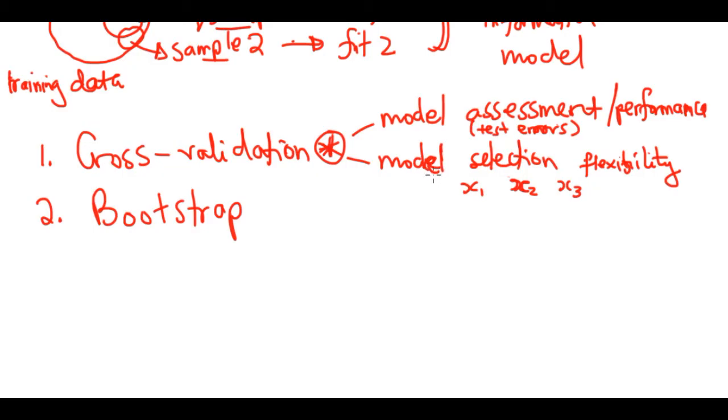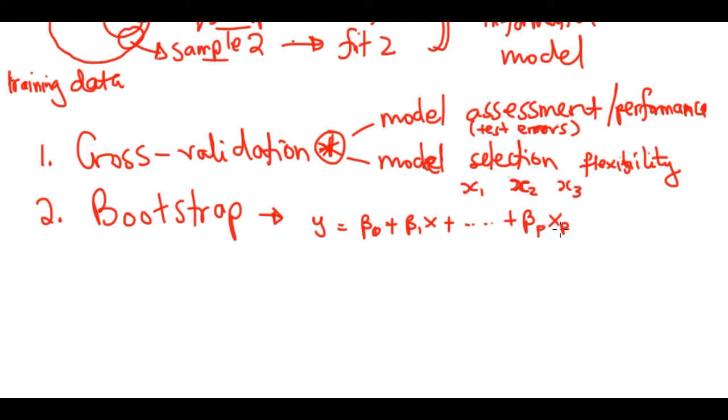And then for the bootstrap, it usually provides a measure of accuracy of a parameter itself, given a statistical learning model. You remember that our linear model was given by something like this, plus bp xp.